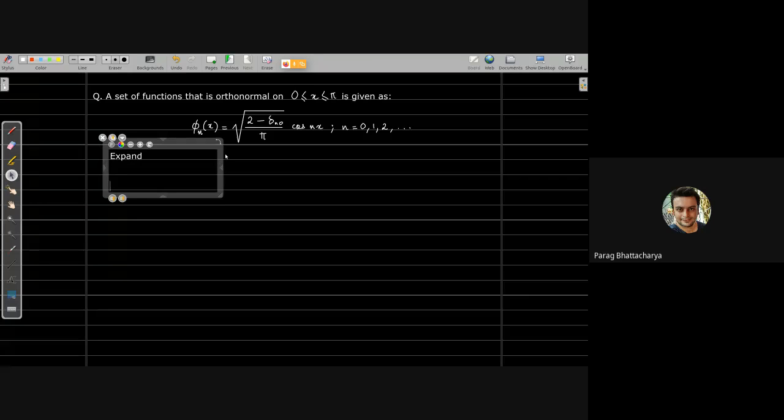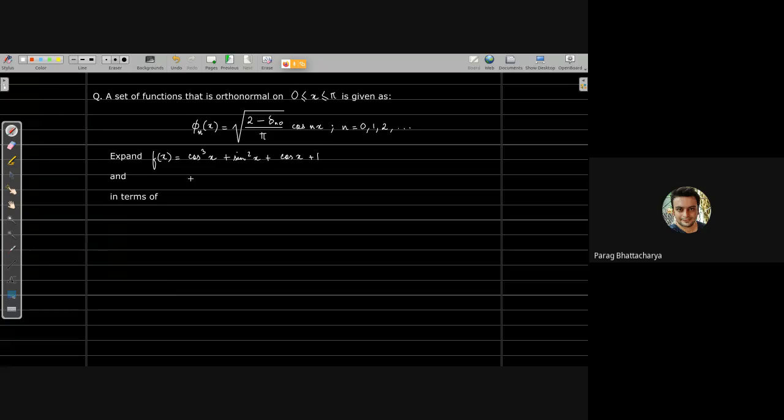The first function is f of x is equal to cos cube of x plus sine square of x plus cos cube of x sine square of x plus cos x plus 1.